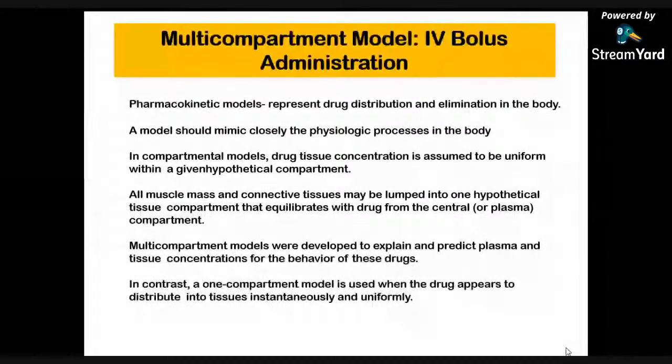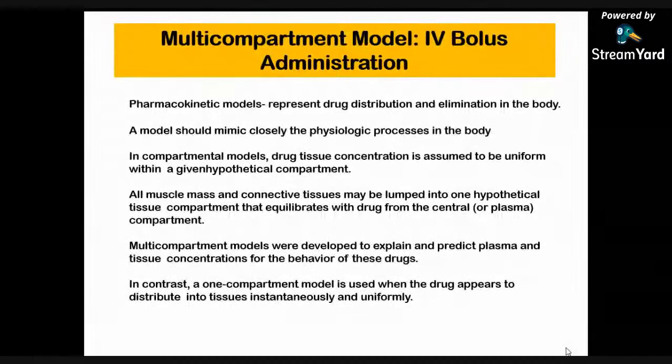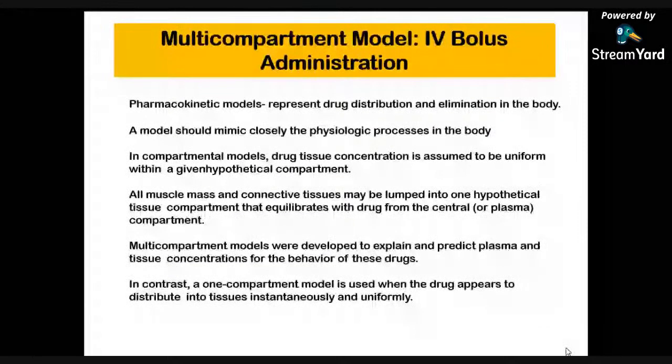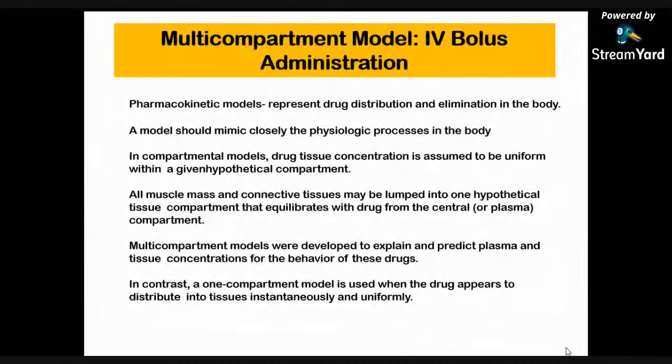Multi-compartment models were developed to explain and predict plasma and tissue concentrations for the behavior of these drugs. In contrast, a one compartment model is used when the drug appears to distribute into the tissues instantaneously and uniformly.